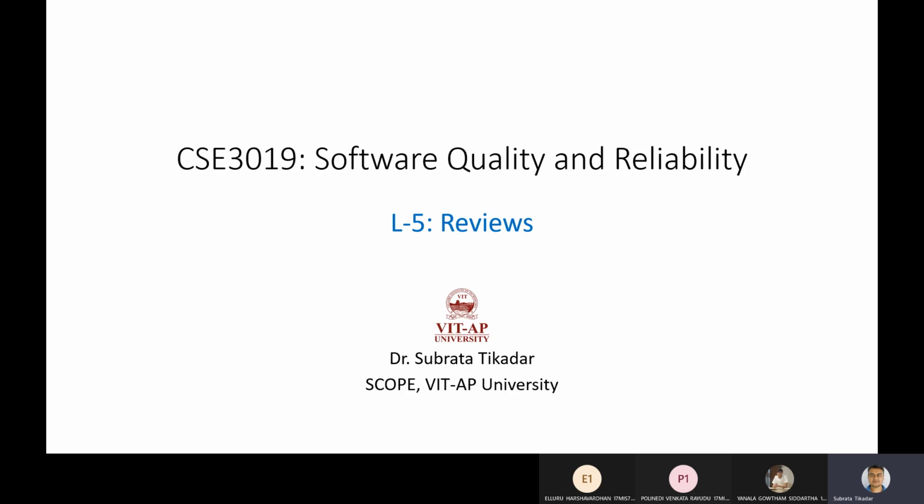We recapped all those things in a brief way. Then we learned how to remove defects in different phases and how to estimate the cost of removing those defects. Today we will learn another important step associated with quality assurance, which is called reviews.